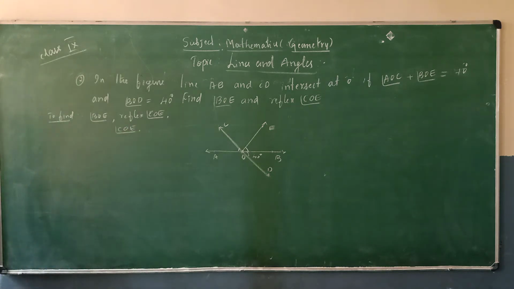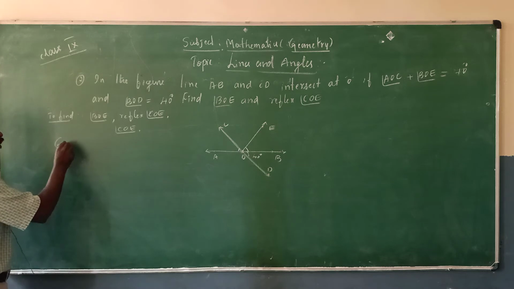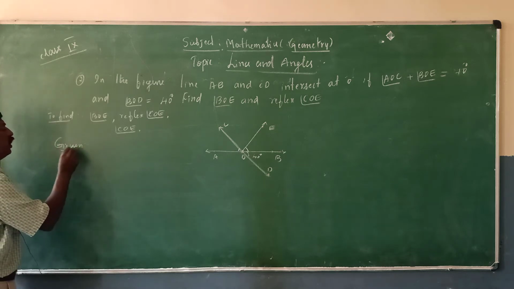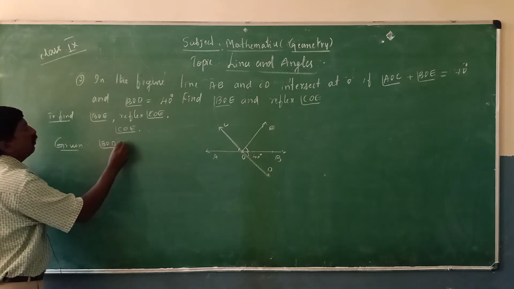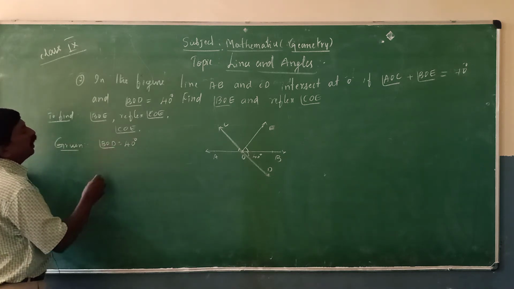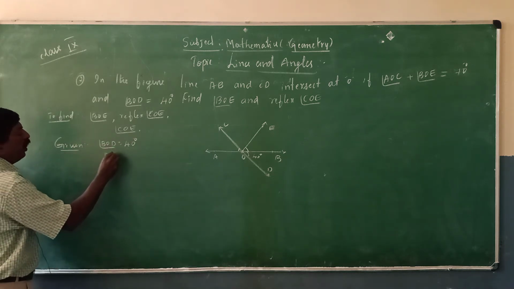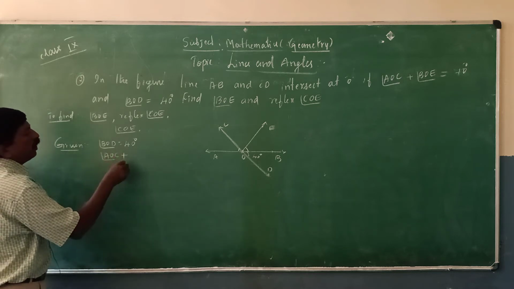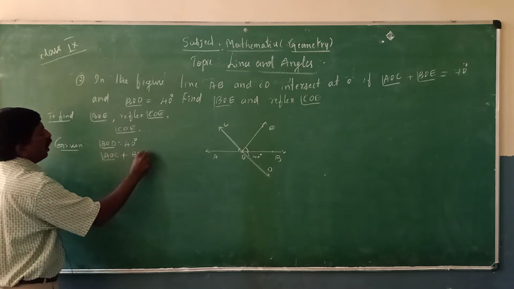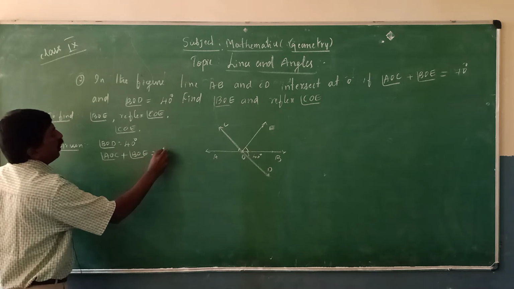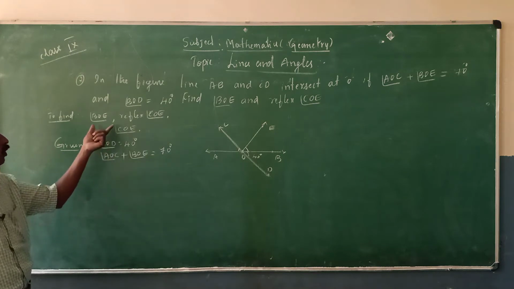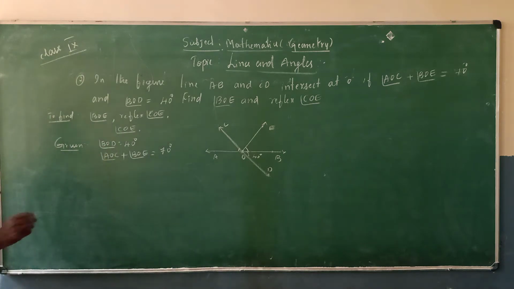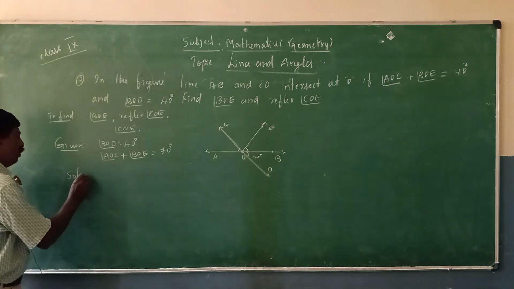What are they given? BOD angle is given, which is 40 degrees, and AOC angle plus BOE angle, the sum of these two angles, is 70 degrees. These two things are very important. What they are given, what we have to find. So come to the solution.